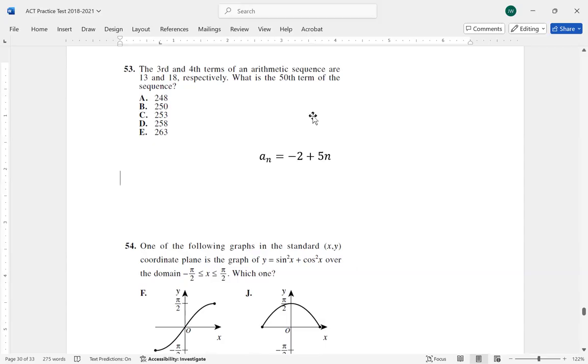So if I'm asking what is the 50th term, that's going to be -2 plus 5 times 50. And when you calculate that, you get 248. So 248 is the 50th term of this sequence. And that is option A.